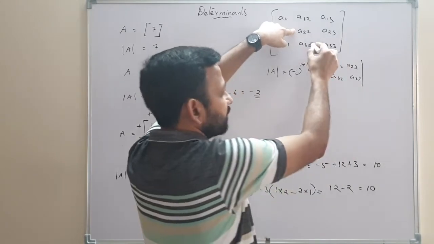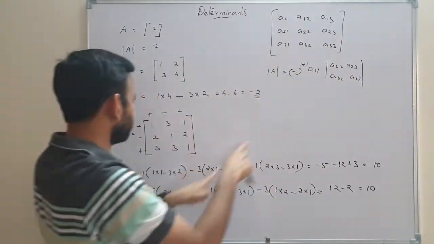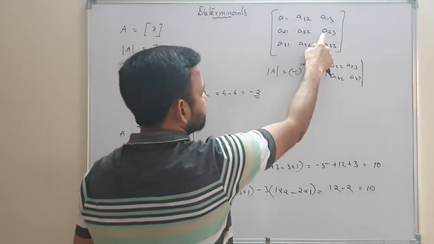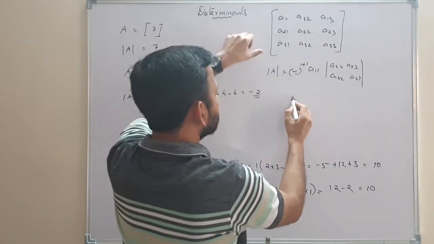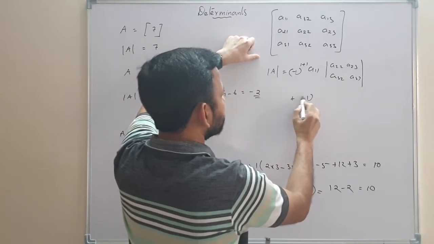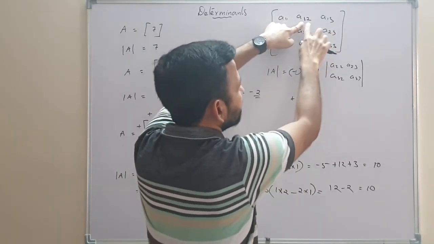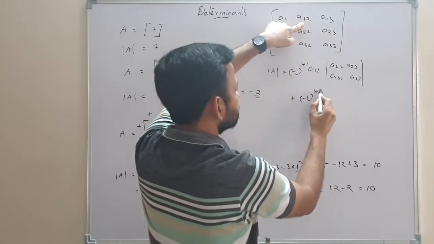Determinant, that means diagonal-wise. We have not written the symbol here, but it is the same: this one into this minus their product. Then plus minus 1 raised to, when we use the first row, i plus j, 1 plus 2.